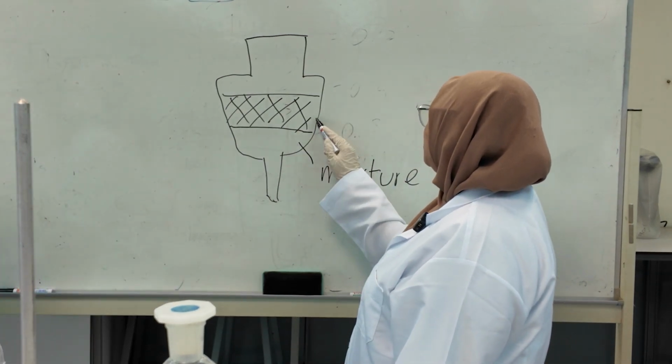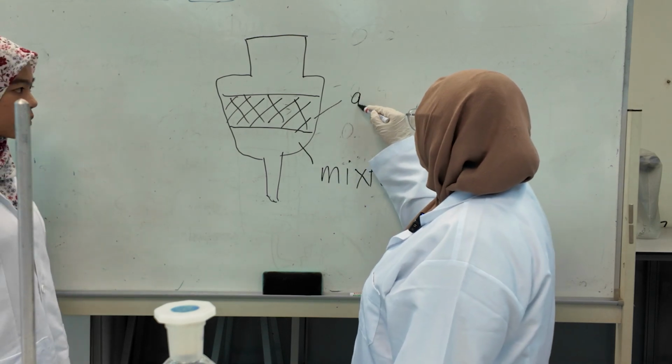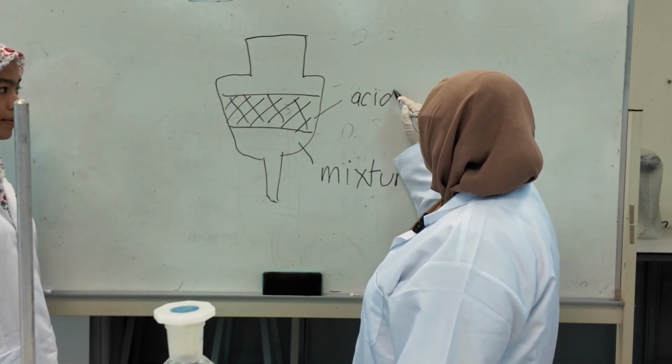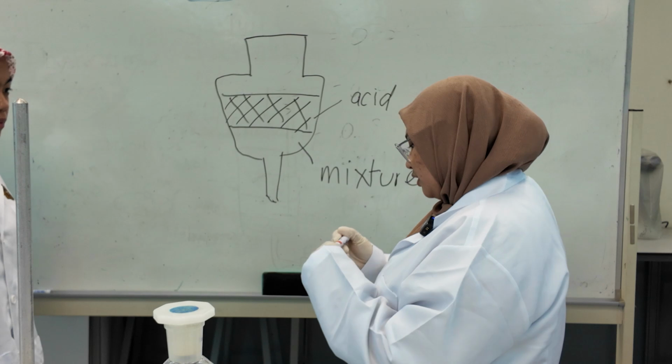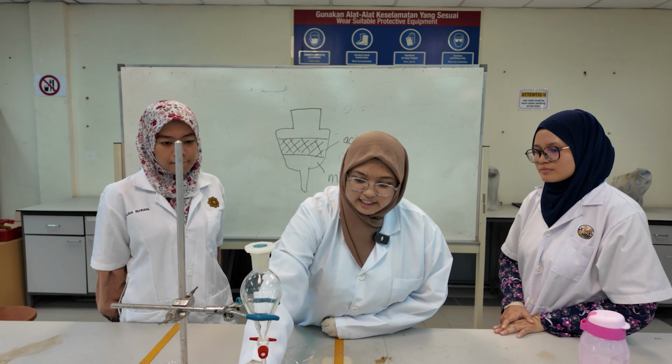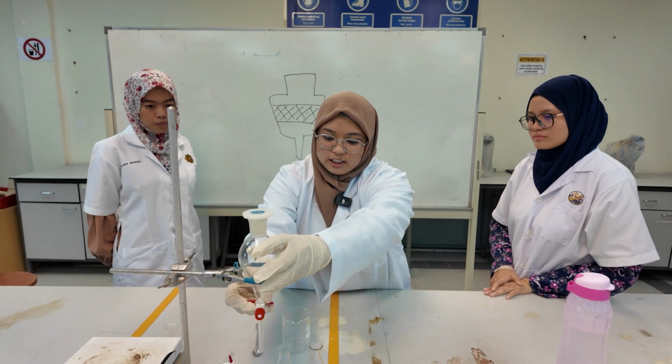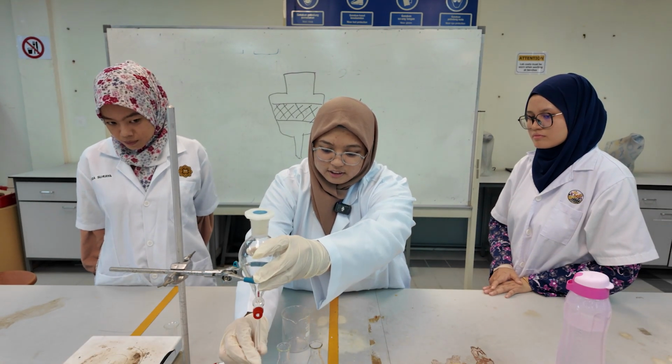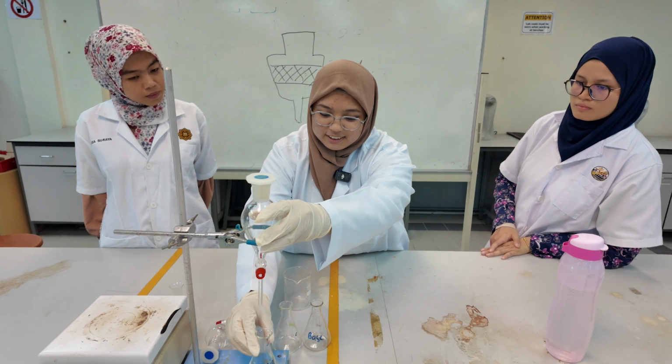The lower part is the mixture, whereas the upper part is the acid, which is what we want to extract. Once the layers are visible, grab the acid flask and turn the stopcock so that it will drip down.